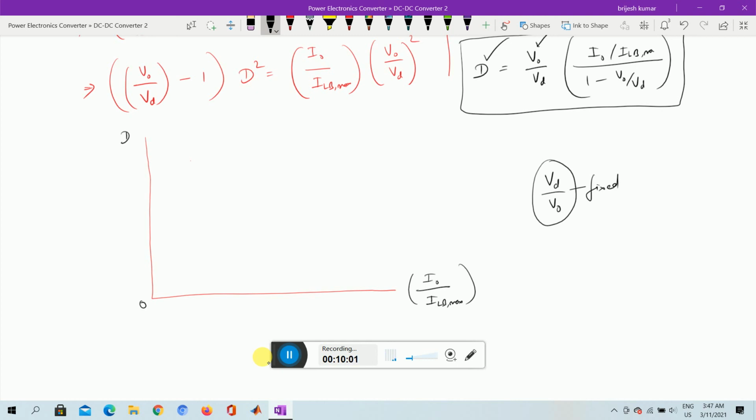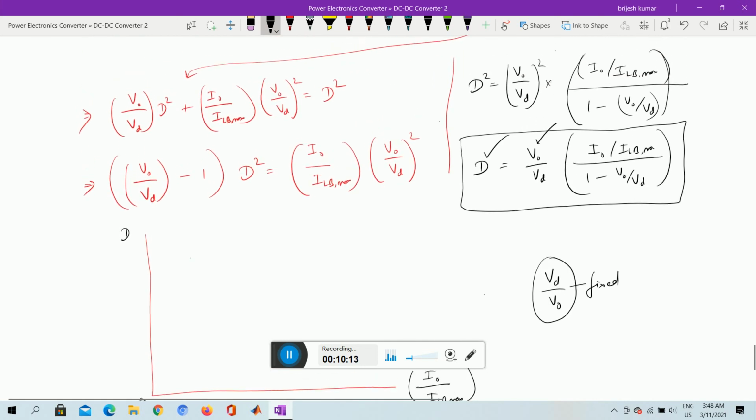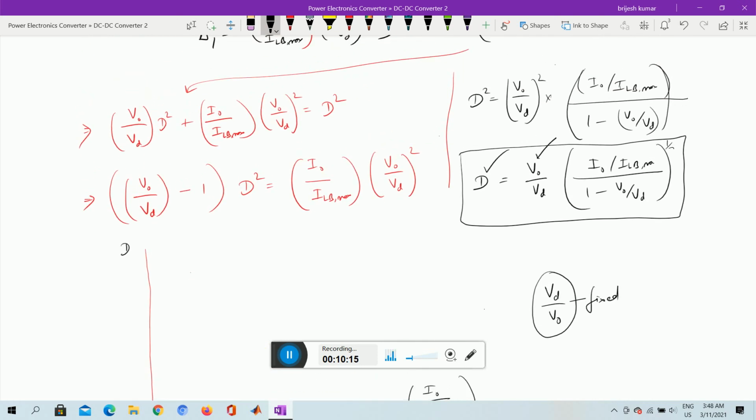Initially there is some variation, otherwise it is changing. So here one term is missed over here. This is 1 by 2 because this is square root of the term.